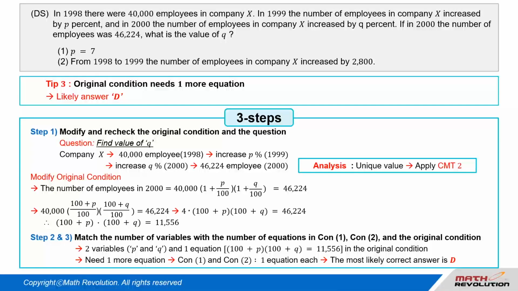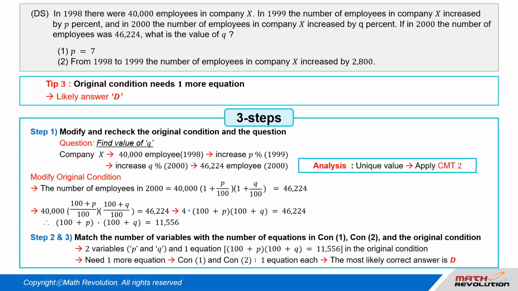Follow the second and third steps. From the original condition, we have 2 variables, P and Q, and 1 equation: (100 plus P) times (100 plus Q) equals 11,556. To match the number of variables with the number of equations, we need one more equation.